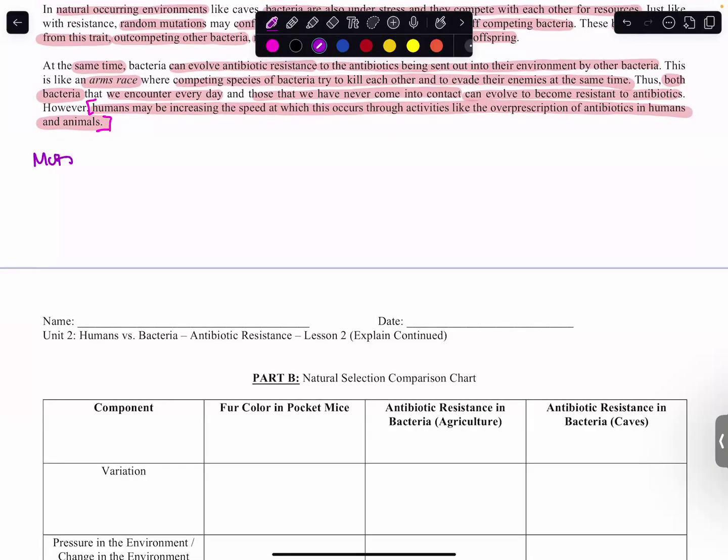One of the words we need to define is a mutation, which by now we should know what it is, but in case we don't, it's a random change in DNA. And why is this important? It's important for two reasons.